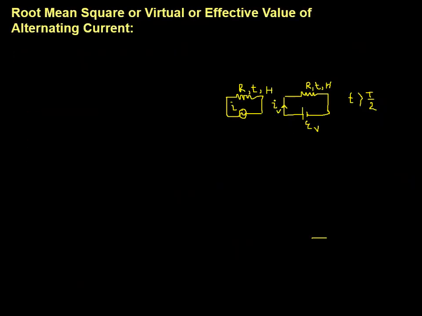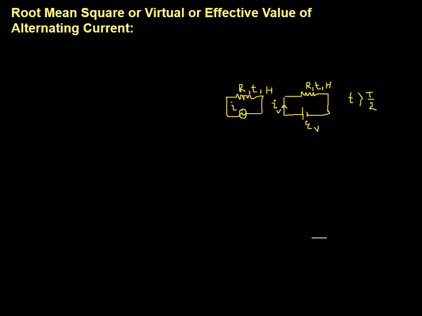Now let us take the root mean square or virtual, effective, or DC value of an AC. Actually, it is on the basis of the heat generated in a circuit. See, the heat generated in a resistance R in time T is H when the AC is I. If this AC is replaced by a DC voltage EV, then the current is IV.